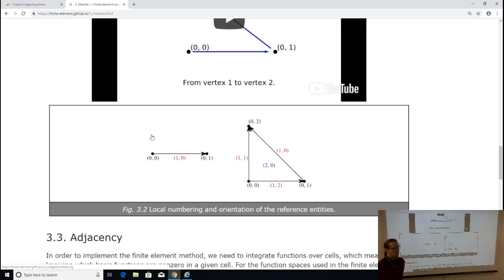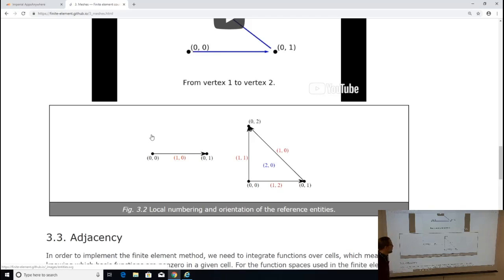So all entities that are bigger than vertices have an orientation. That matters because when you have multiple nodes on one entity, it matters what order they come in. And in order for there to be a concept of order, you have to have a concept of direction.